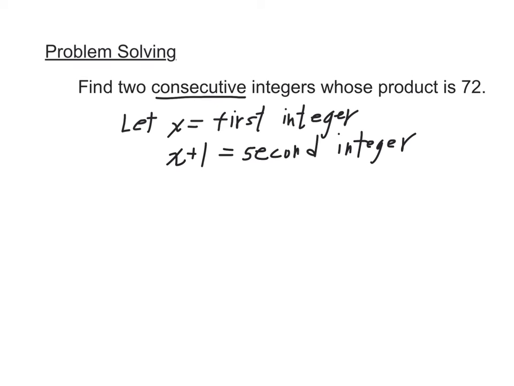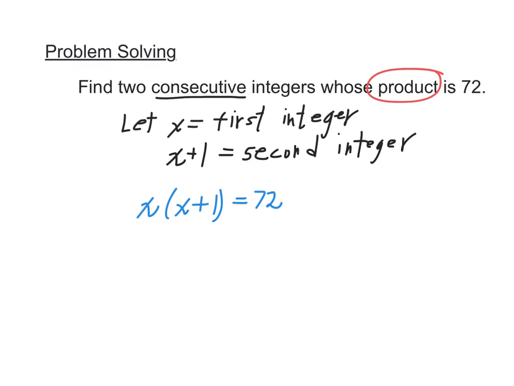The key thing in this one is the fact that it says product. The word product means multiplication. So I'm supposed to multiply these two numbers together and make them equal 72. So x times x plus 1 equals 72. We have to do a lot of work to set this up. One of the things that students do incorrectly is assume you can set x and x plus 1 equal to 72.